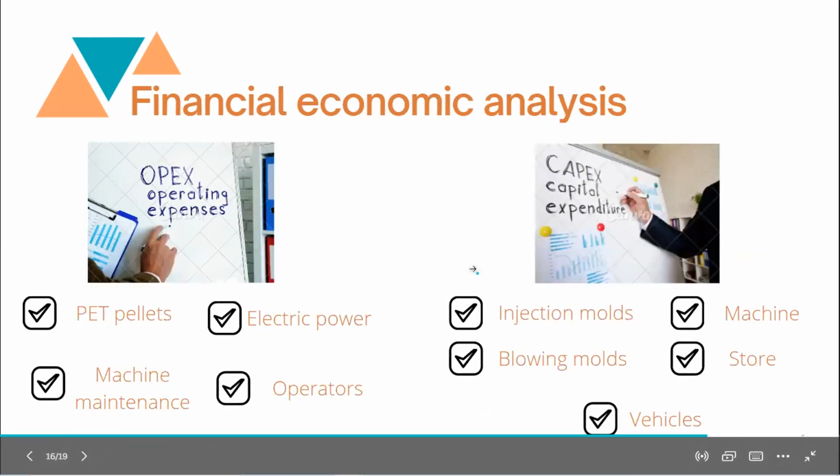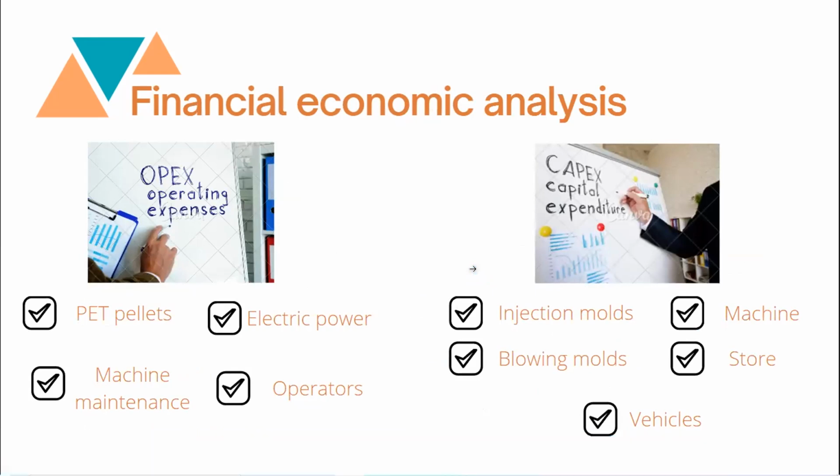In the financial economic analysis, for OPEX we consider the PET pellets that will be our raw material, the electric power, the maintenance, and operators. And for the CAPEX, all of these machines, the blowing, the heater, we also have a mixer, the storage, injection molds, and so on.